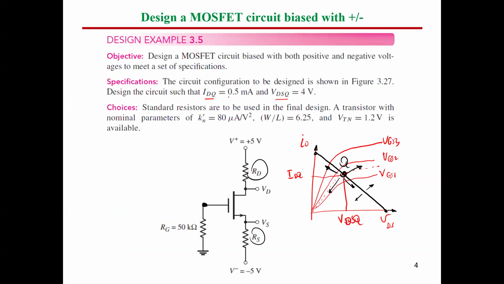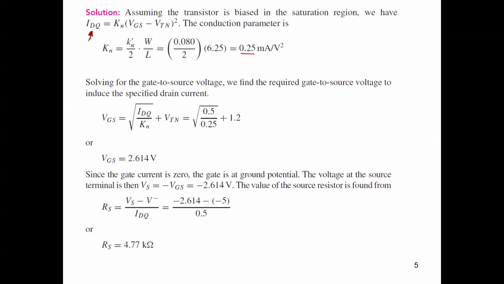Going back one step, we mentioned that we have ID equals 0.5 and VDS equals 4 volt. VGS was not given. So we can say VGS equals the square root of IDQ divided by Kn, plus VTN.